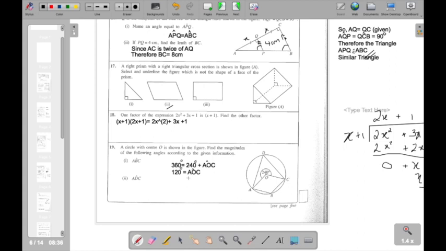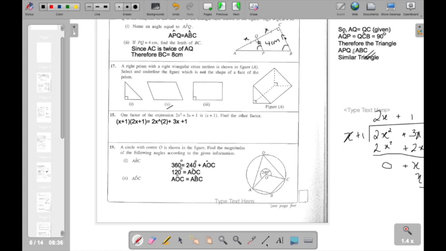So now that you have obtained it as 120 degrees, obviously you know that AOC is equal to ABC. Mark the head here.